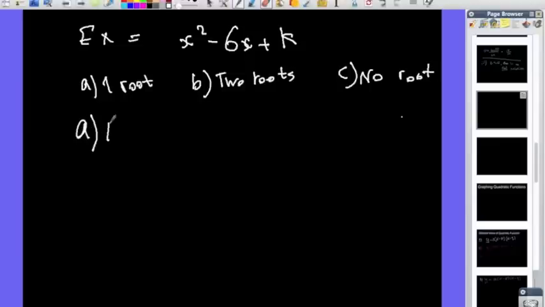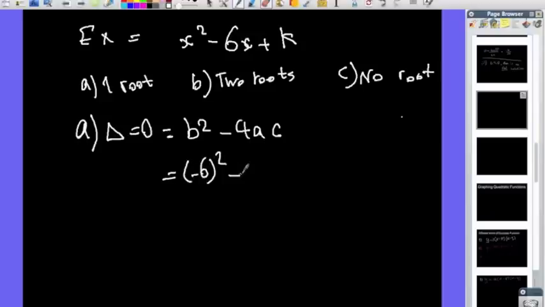So for a, delta equals 0, which means b squared minus 4ac, right? Because this is the rule. So what is b in this case? It's negative 6. Negative 6 squared minus 4, a is 1, and c is k.